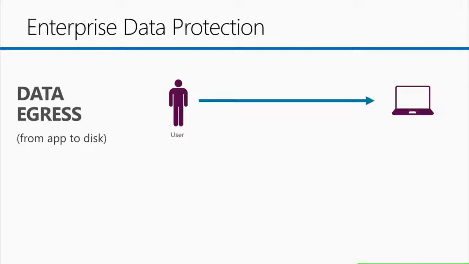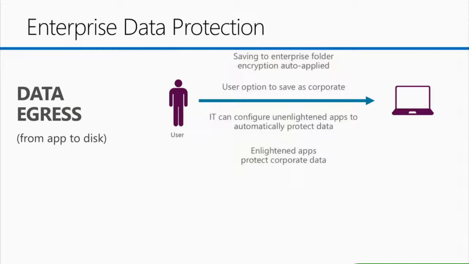You're using that application, and you're basically writing the file to the disk. So we have a few ways in which we ensure that data stays protected when it is in use on the device. Number one, you can apply protection to a folder. How many folks here are familiar with a feature we have called work folders? I see a few hands go up.